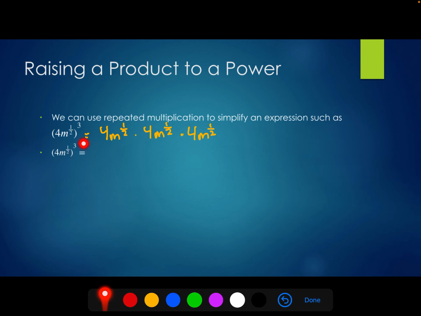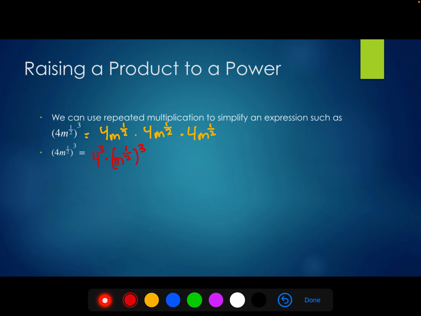This is all one term, but we can distribute it to each factor. That's a better word for it, each factor. So if we do that, this is equal to 4 to the third power times m to the 1/2 to the third power.